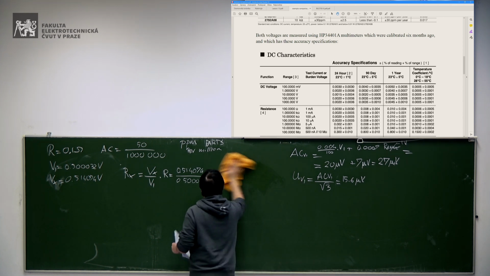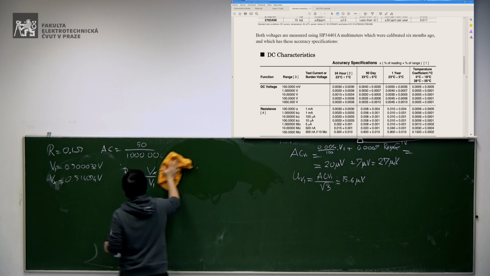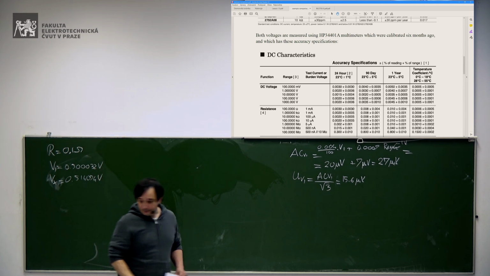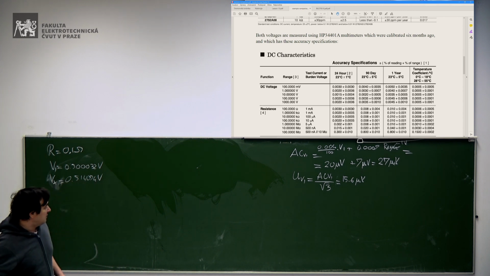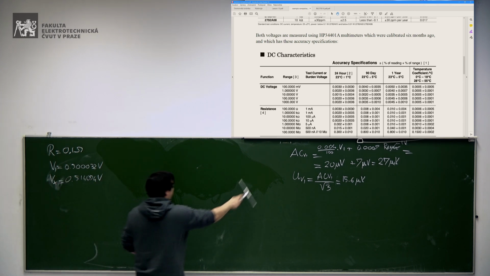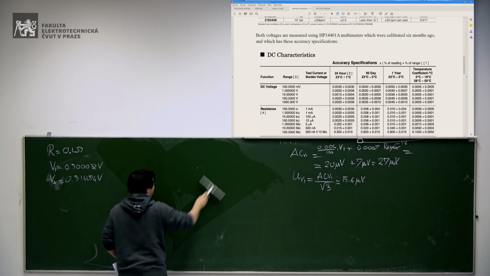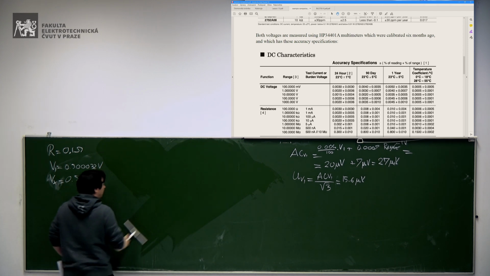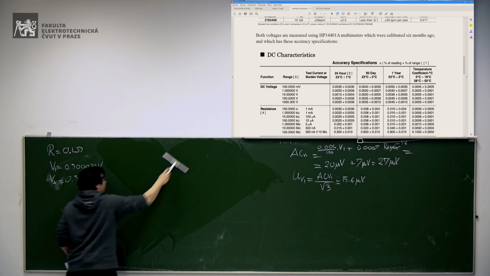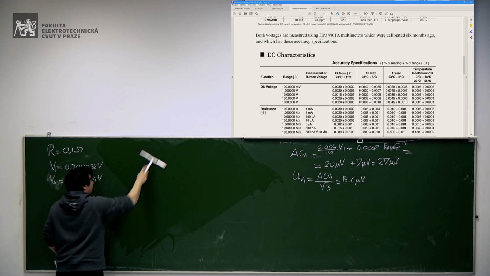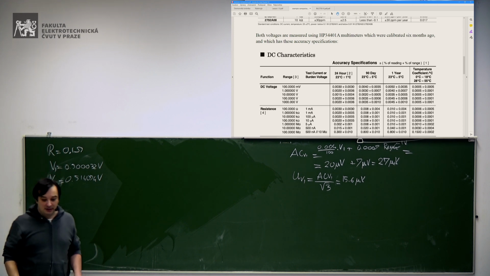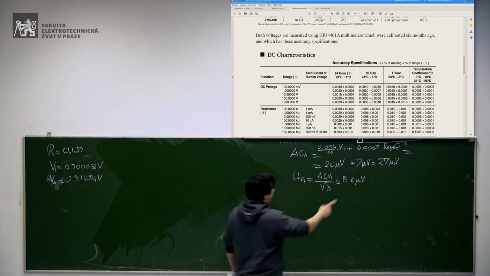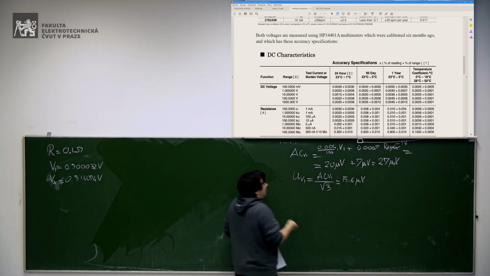The accuracy of Vx is very similar because we are using the same type of voltmeter, the value of the range is the same, and the value of the voltage is almost the same.